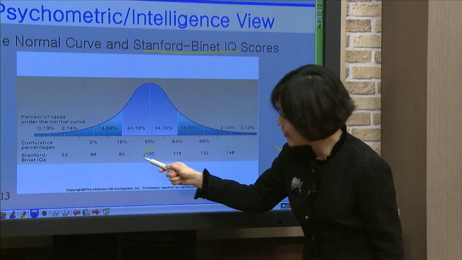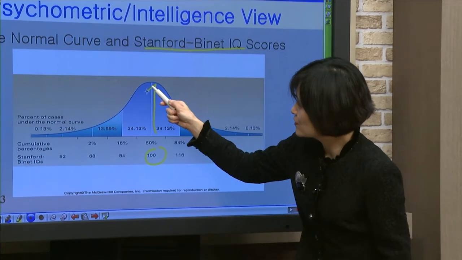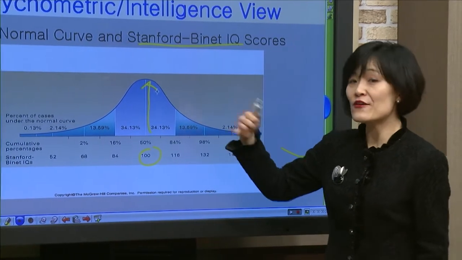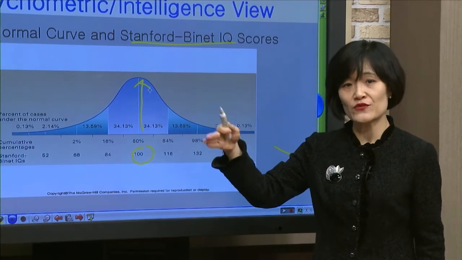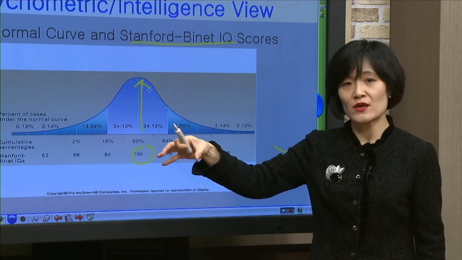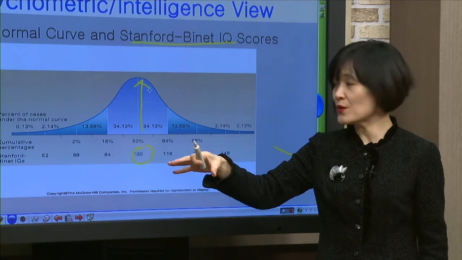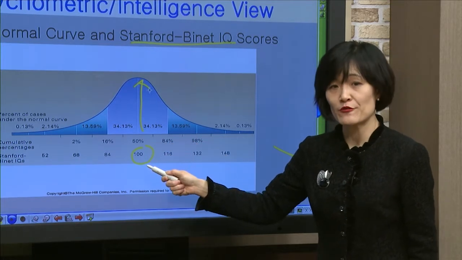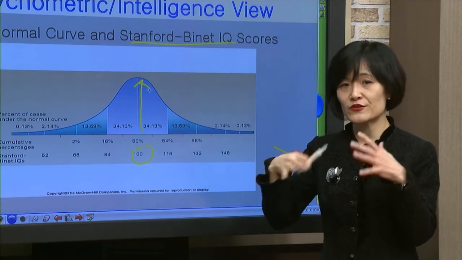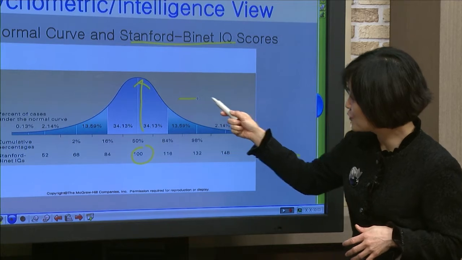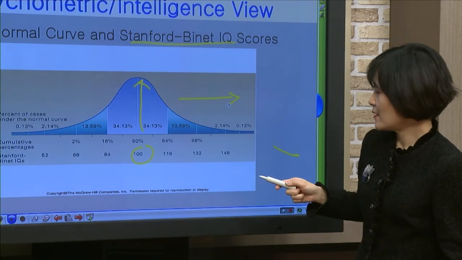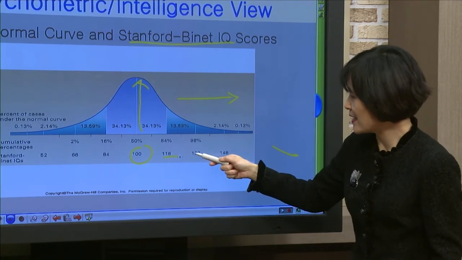You see here, that is average. As I told you, if your score compared to the average of your norm group, meaning similar-age people, then your IQ is 100. It's the average of your chronological age. But see that if you go this way, then this is the IQ score.